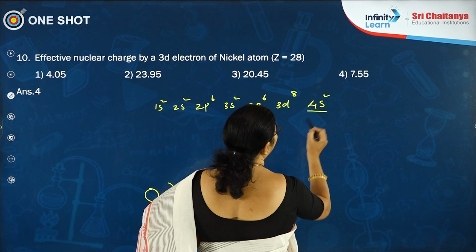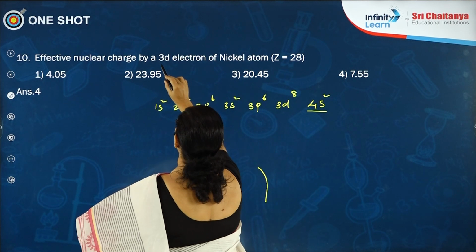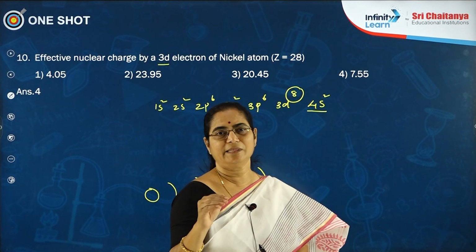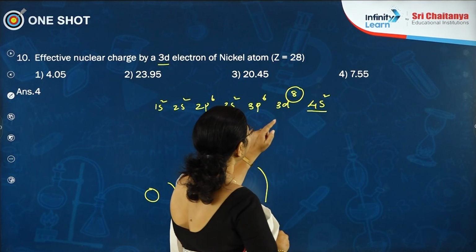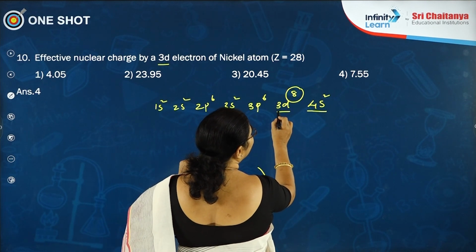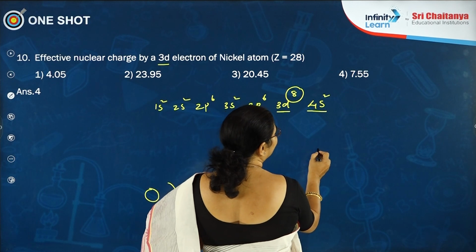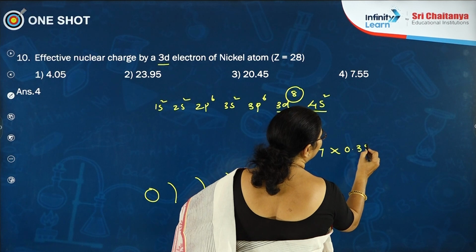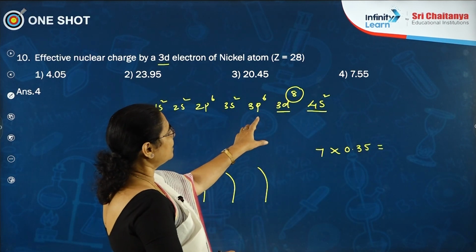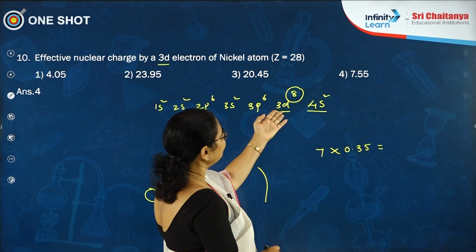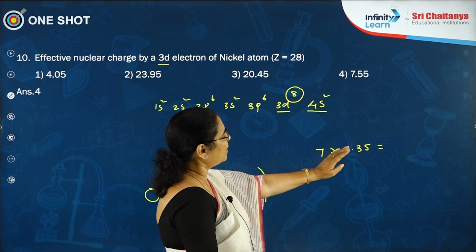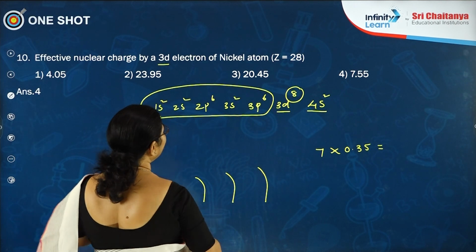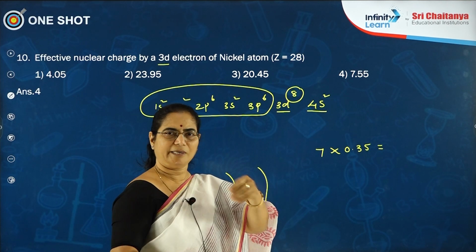This is the nth shell. He is asking about a 3d electron. The last d electron is the 8th d electron. We are finding the screening for the 8th d. How many other d electrons are there? Other than the 8th, 7 are there. So, the remaining d electrons will provide 0.35 screening each, that is 7 into 0.35, and for up to 30 elements, the inner electrons are always 18, take it for granted.